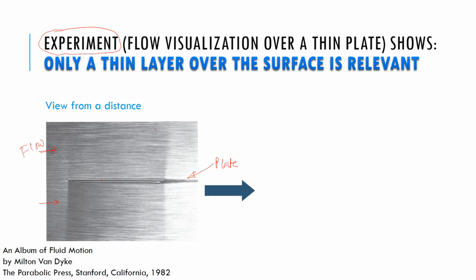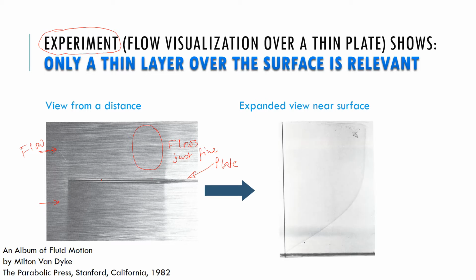So all of these regions, the fluid flows just fine. So the effect of the wall is not felt far away from the plate. Since the velocity of the fluid is 0 on the surface, the velocity must go from 0 to this velocity over some distance.